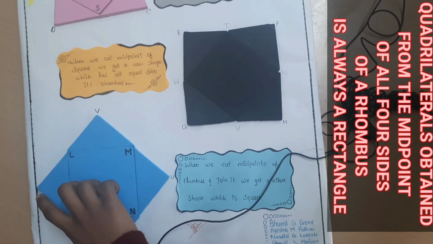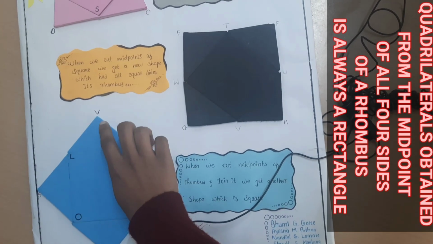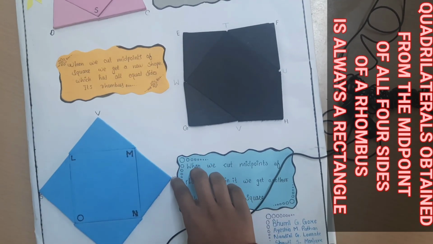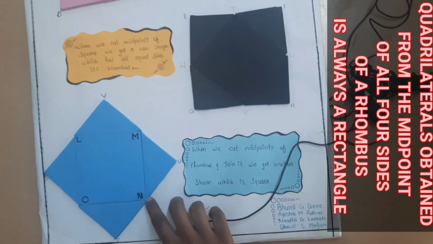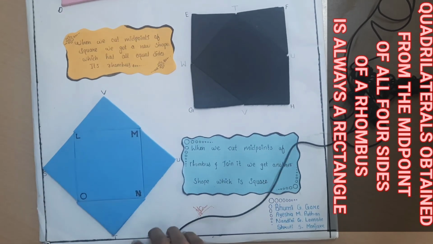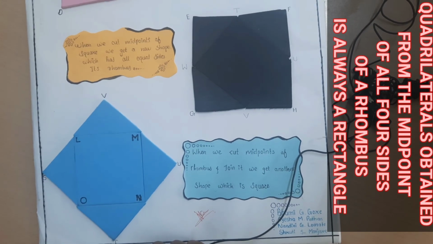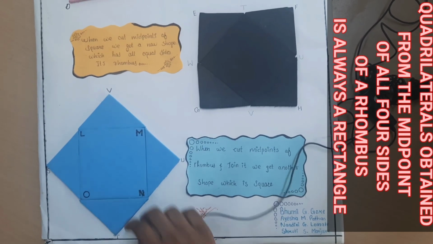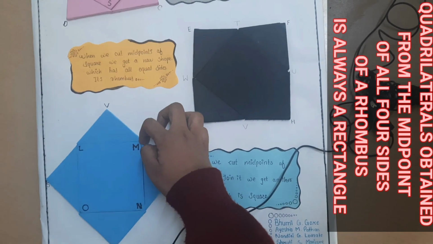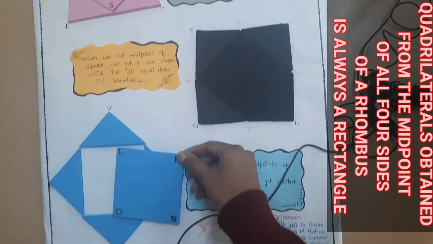We can see here SV's midpoint is L, VU's midpoint is M, UT's midpoint is N, and ST's midpoint is O. When we join the midpoints of all sides, we get another quadrilateral. We can see here it's a square.